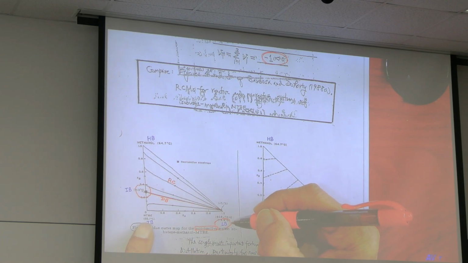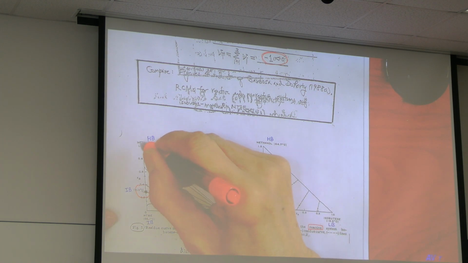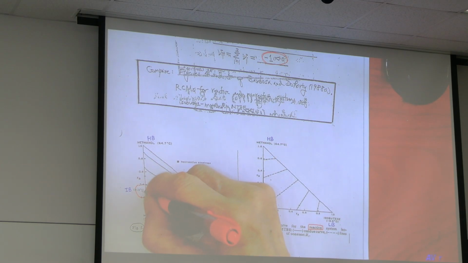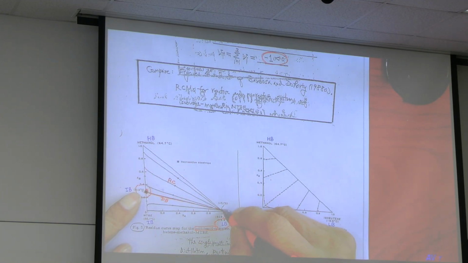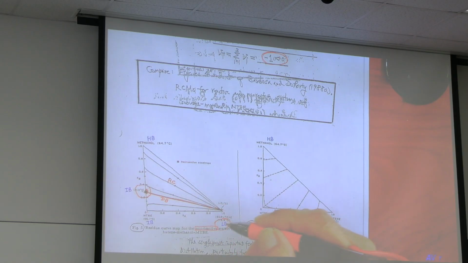MTBE 55.1, intermediate boiling point. Methanol and product, there is an azeotrope, 51.2. Low boiling, intermediate boiling, this is a distillation boundary.